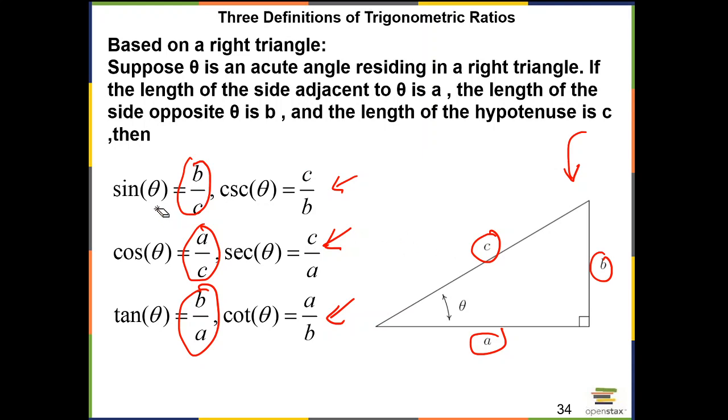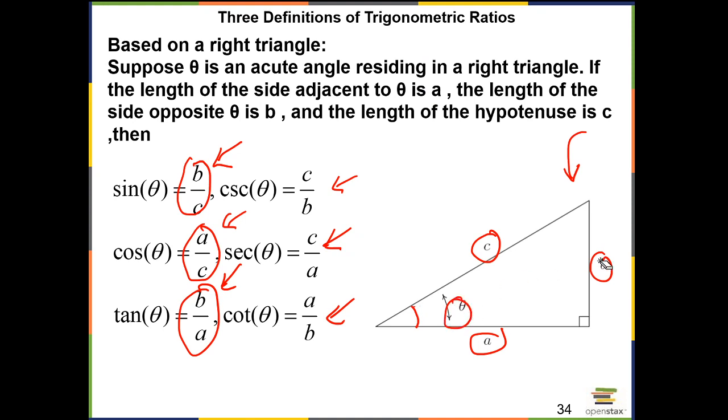So we're going to define these 6 ratios in reference to an angle inside this right triangle. So this is the angle theta here. We're going to define this ratio B over C to be the sine of this angle.